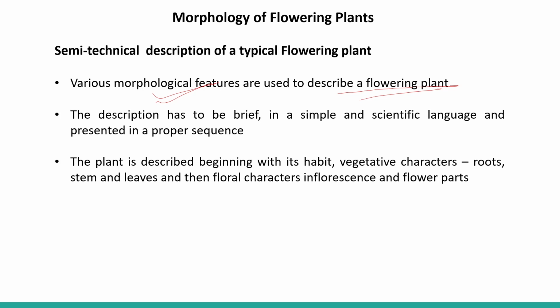This is given in two forms: one is the floral diagram, and another is the floral formula. So along with the description of the family, we are going to study the floral diagram and floral formula of that particular family.